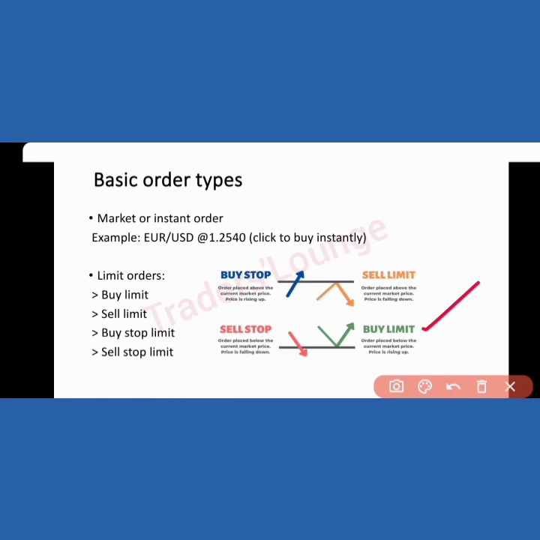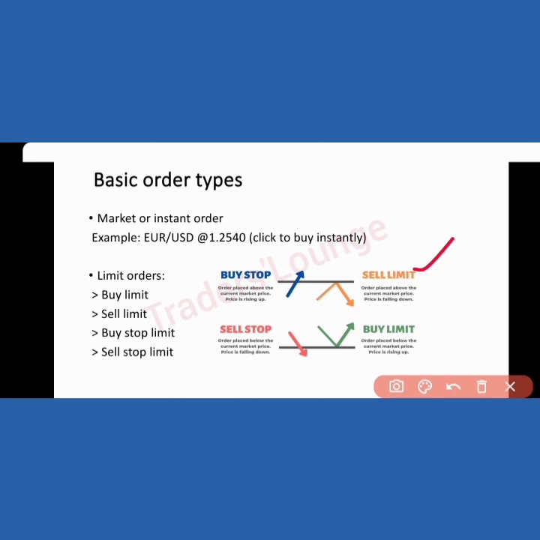Now, the second one is sell limit. That is actually the opposite of the first one, and you can see sell limit here. Sell limit means an order that is placed above the current market price or movement. When you look at it, sell limit in practice means the market is going up, but you see that that is a form of retest or correction.